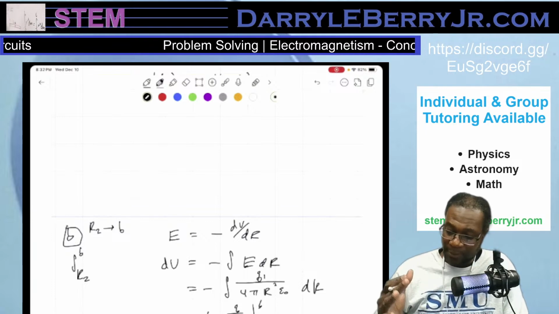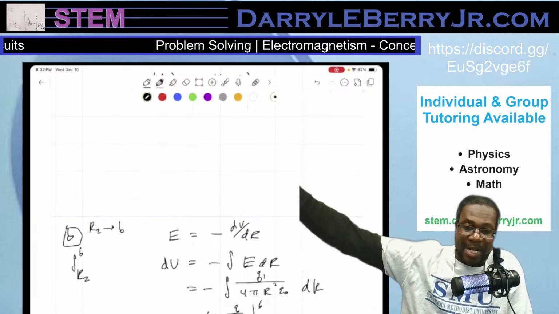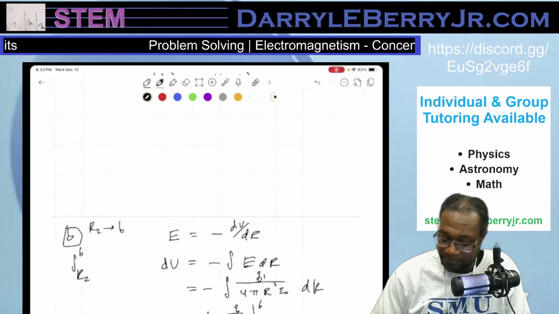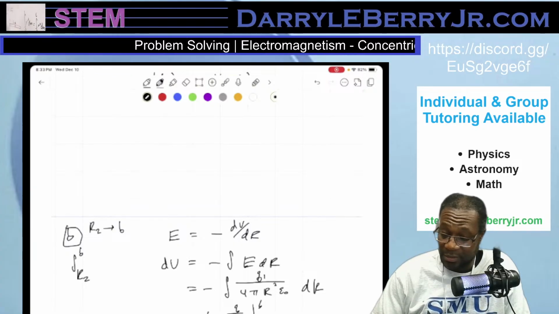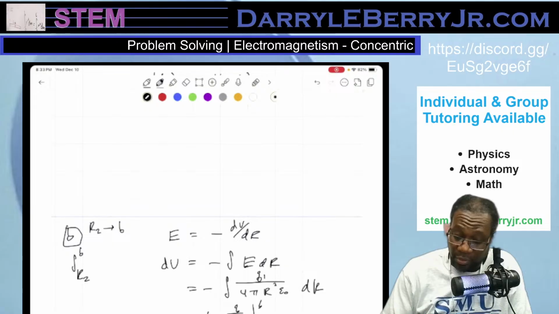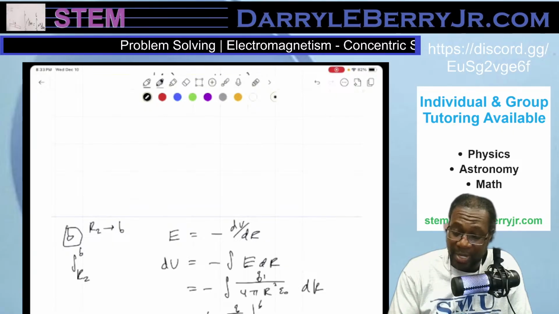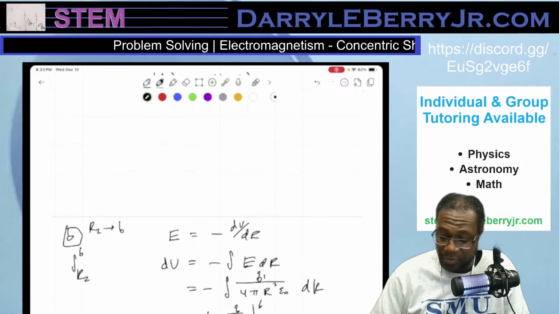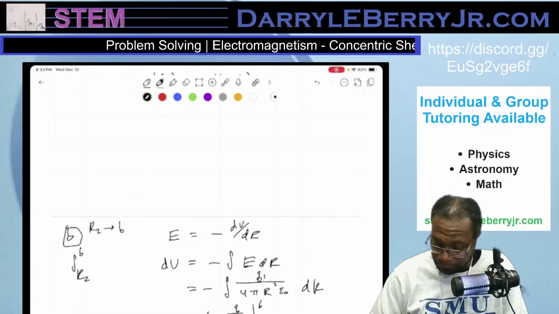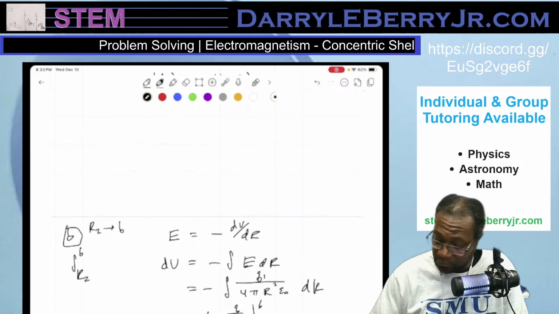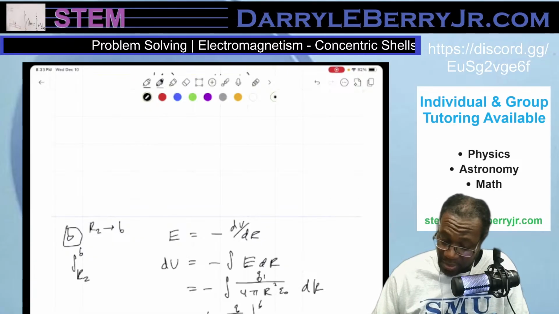Ironically, potential goes from the outside in. It starts from infinity, which we'll get to momentarily. So that's the starting point. So you subtract the endpoint from the starting point. So that's why B is going first, upward.